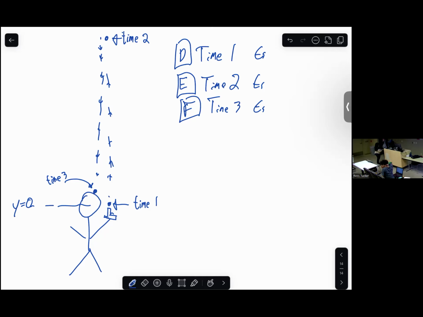All of them meaning both of them. I'm talking about gravitational energy, about the diagram, where you put time 1, time 2, and time 3. Isn't it technically all above y equals 0? Well, I defined my head, the lowest point, as y equals 0.